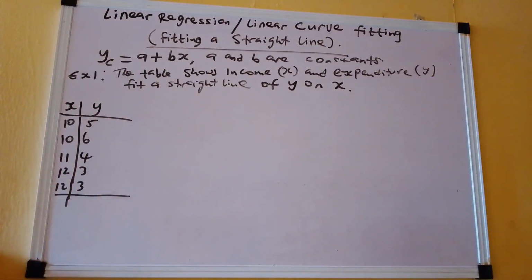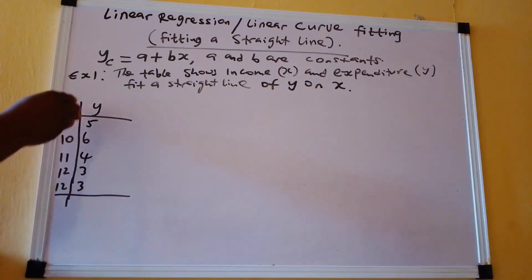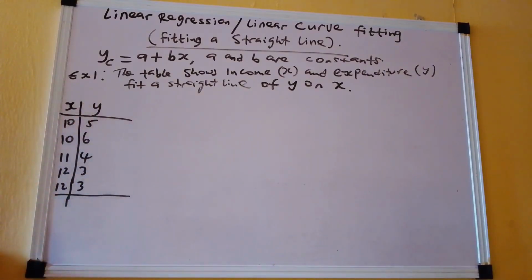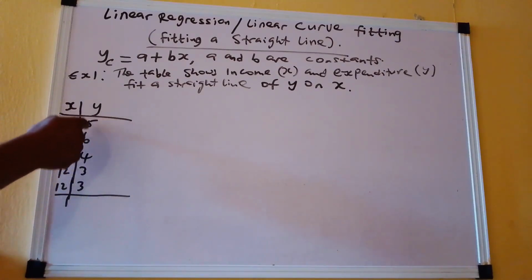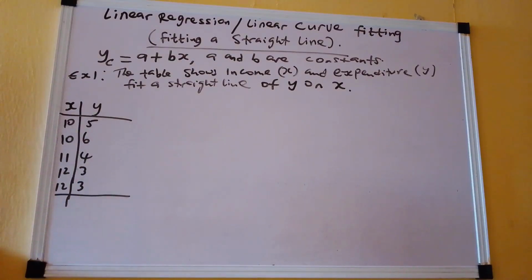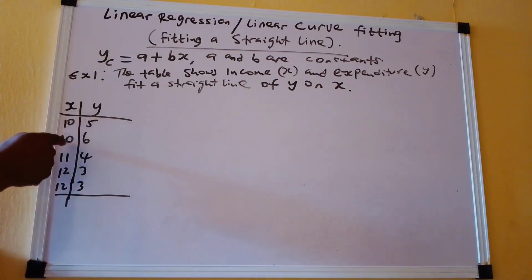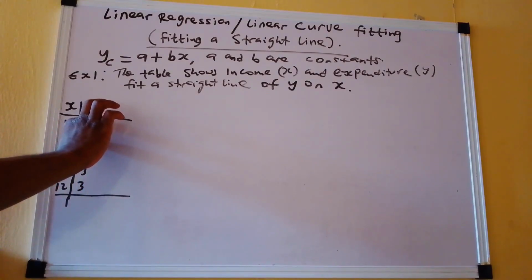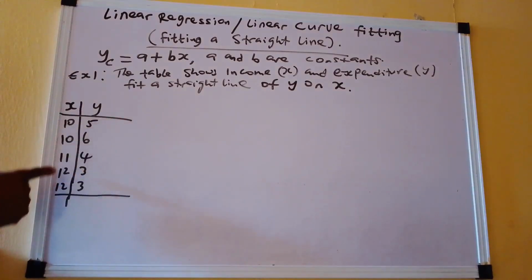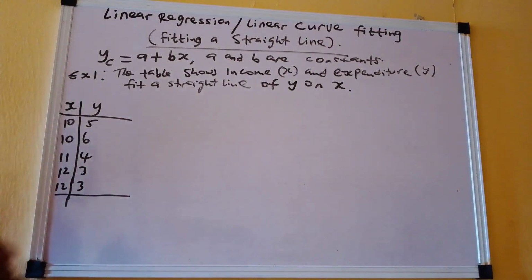Inspecting these two sets of data, X is for income, and Y is for the expenditure. You can see that as X is increasing, Y is decreasing. Of course, there is a bit of a shift between 10 and 10, where Y is 6 and 5, but from 11 down to 12, there is a steady decrease. That tells us something. We will come back to that at the end of the class.